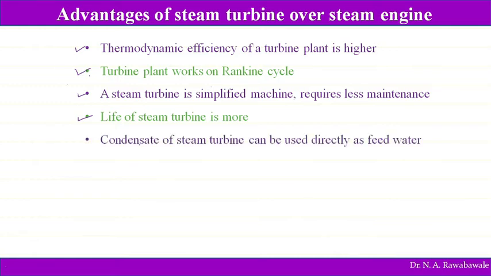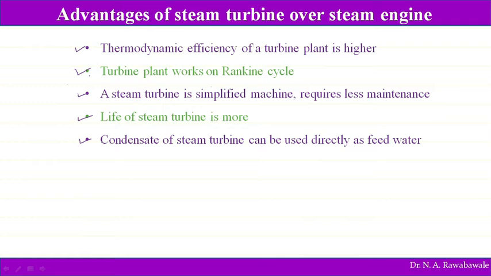Then the condensate of a steam turbine can be used directly as feed water. So the condensate coming out of a steam turbine can be used directly as feed water. But in case of a steam engine, the condensate coming out of the condenser cannot be used directly as feed water, because it comes in contact with the reciprocating parts, which are lubricated, and the lubricant gets added to the steam as well as the condensate.